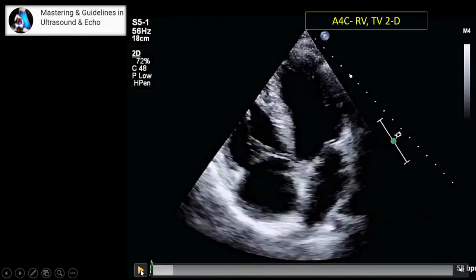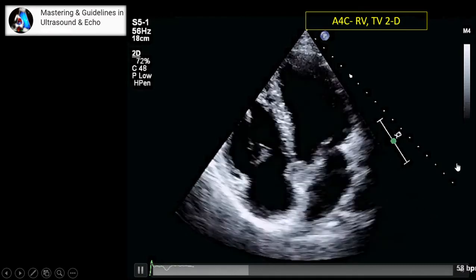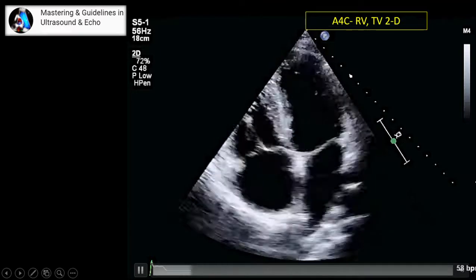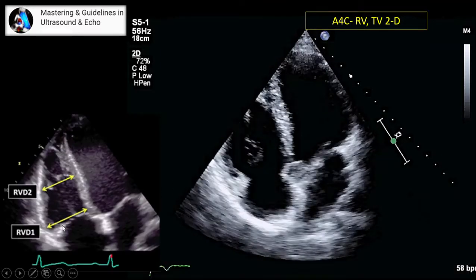For that purpose, we go to the end of diastole and measure inner to inner of the proximal 1/3 of the right ventricular, the largest spot. That line is parallel to the tricuspid annulus.